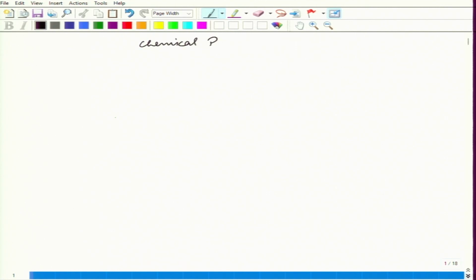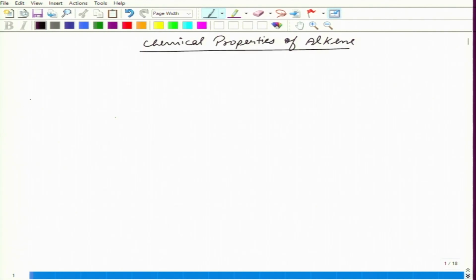The subtopic we were discussing is the chemical properties of alkenes. Till now we have discussed a few properties. First, the addition of hydrogen, which is a hydrogenation reaction.